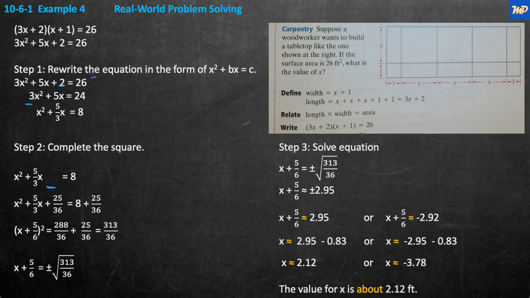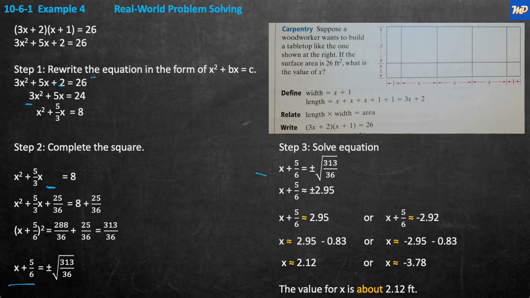And if we do that, on the left-hand side we'll get x plus 5/6 equals plus or minus the square root of 313/36. So now we're going to solve the equation. Right here, x plus 5/6 is equal to plus or minus the square root of 313/36.